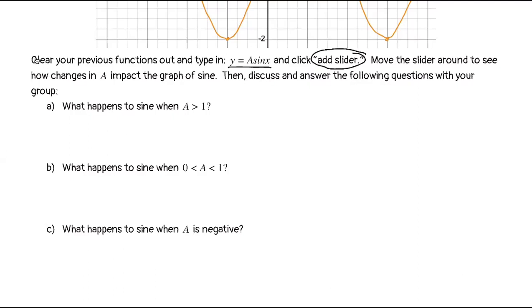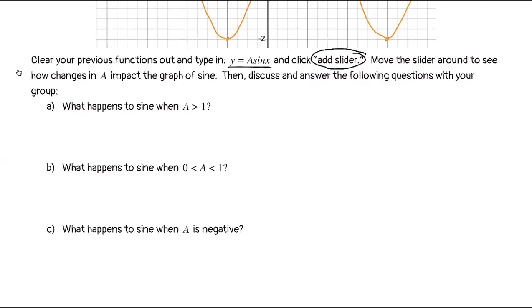So I slide this around and what do we think? What do we want to say is happening to this graph? So what happens when A is greater than 1? Right?